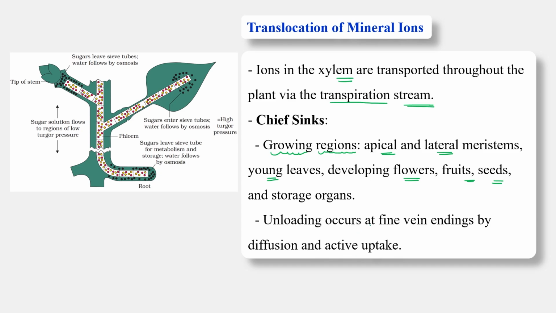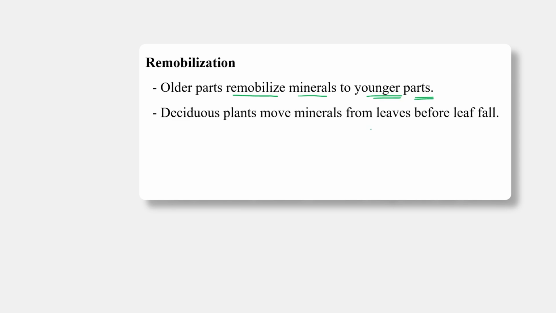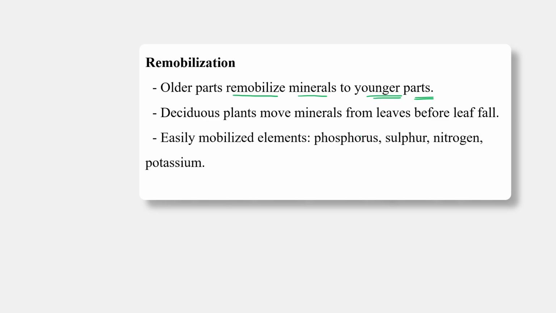Clear? Okay. Now, remobilization. As you know, older parts of the plant body remobilize some minerals to the young parts. Like in deciduous plants or dicots, some minerals move from old parts to young parts before leaf fall. What are those elements?